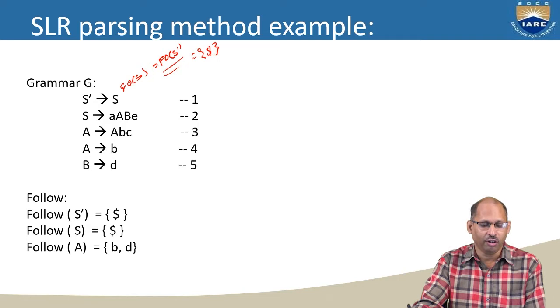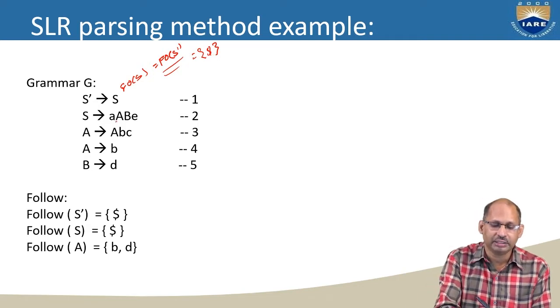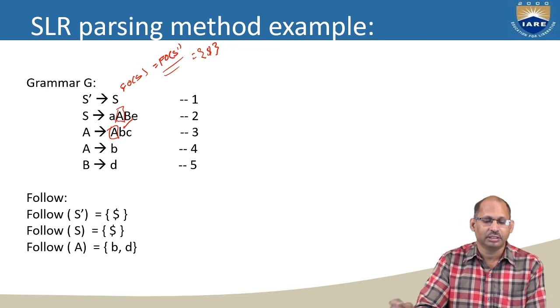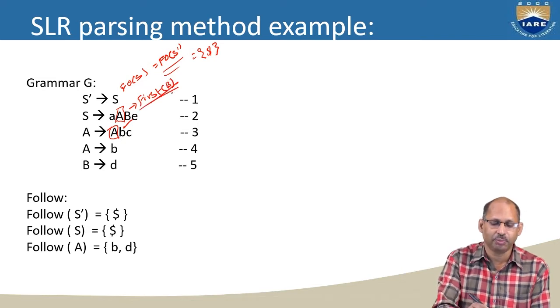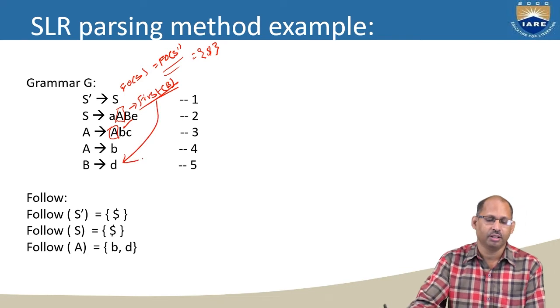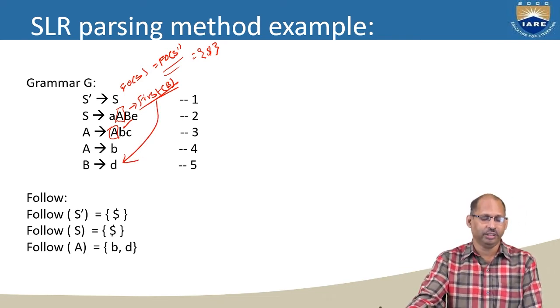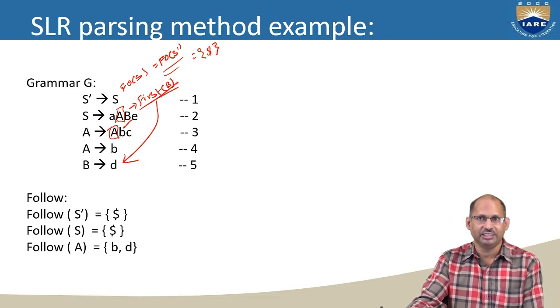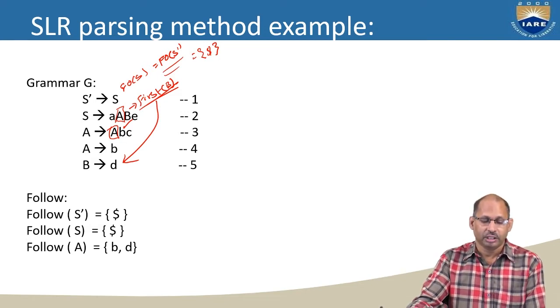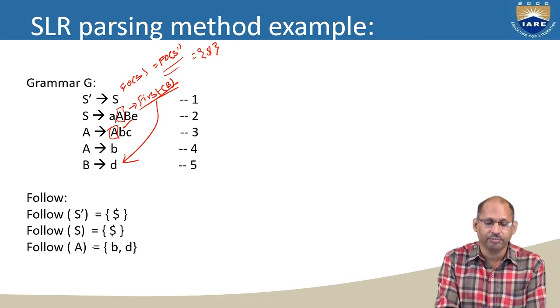Then follow of A. A is here. Follow of A is B, then from here, the first of B. The first of B is simply D. So follow of A is B, D. How do we find this follow of A?